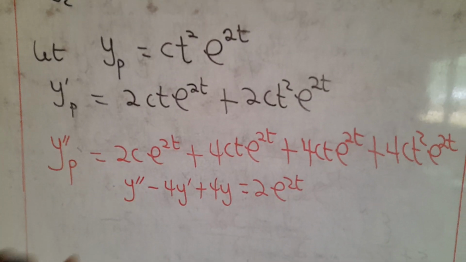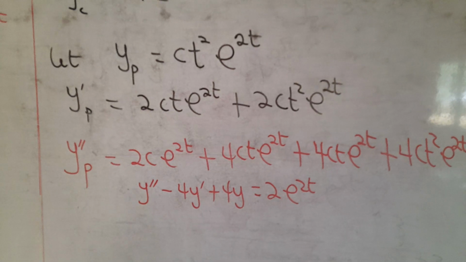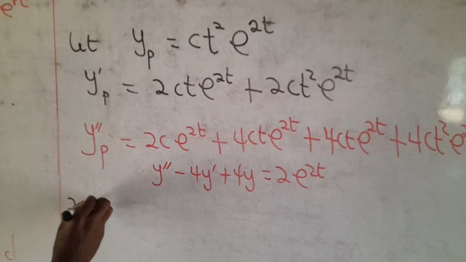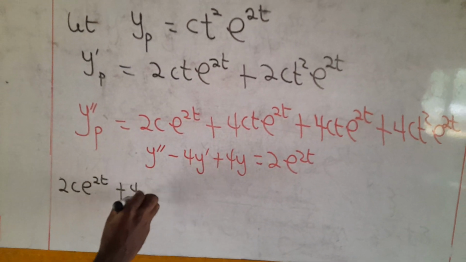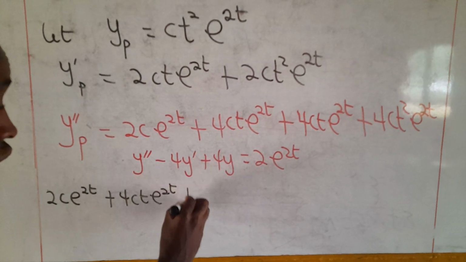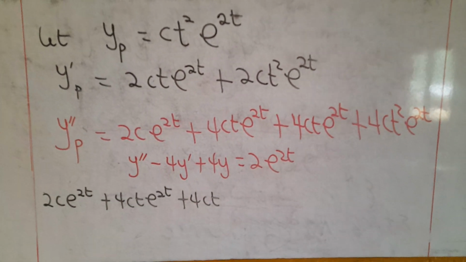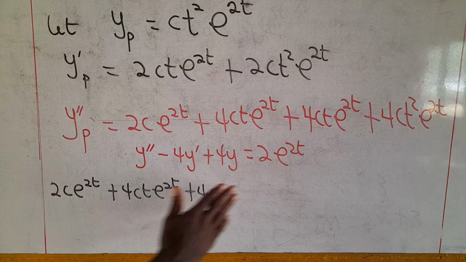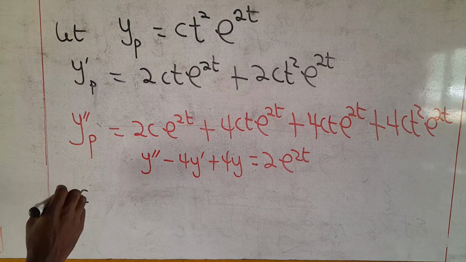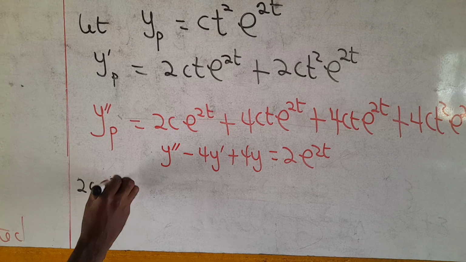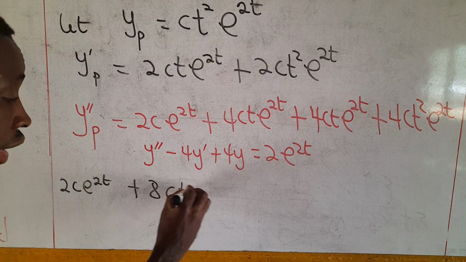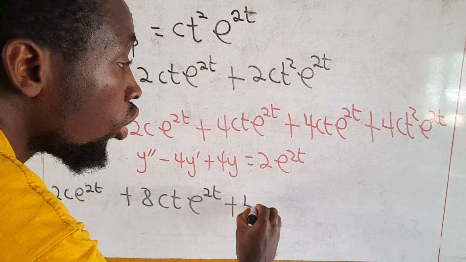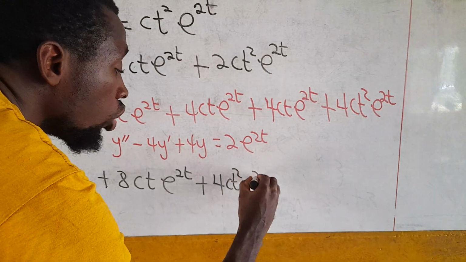After the differentiation, we substitute it into our differential equation. So our y double prime is this. That will be 2c e exponent 2t plus 4ct e exponent 2t plus 4ct, or when we have 4ct plus 4ct, that will give us 8ct. So let's just write it at once. So we have 2c e exponent 2t plus 8ct e exponent 2t, then plus 4ct squared e exponent 2t.